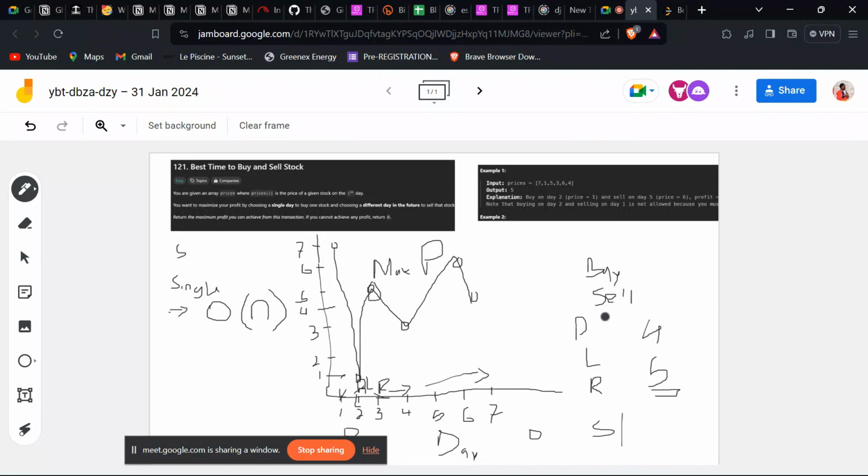As I had mentioned here, we're going to have 2 pointers, left and right. So we are passing through with left and right only once, so it's just a single pass. And on the space complexity, you can see that we are not having any additional data structures in this case.